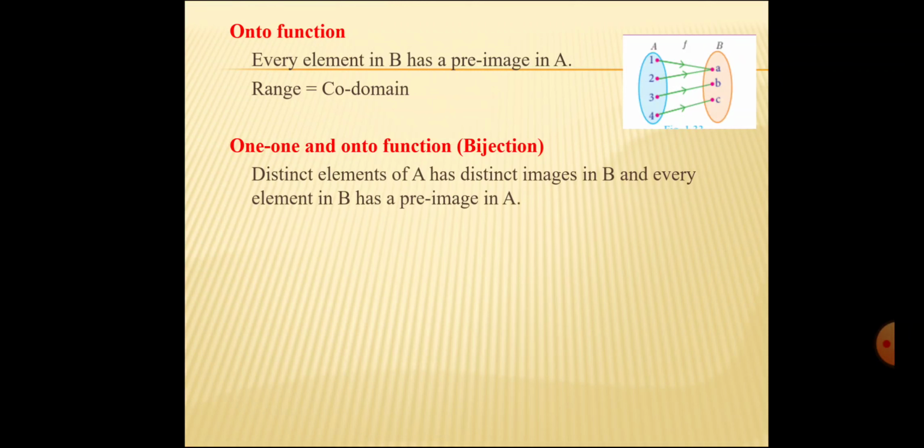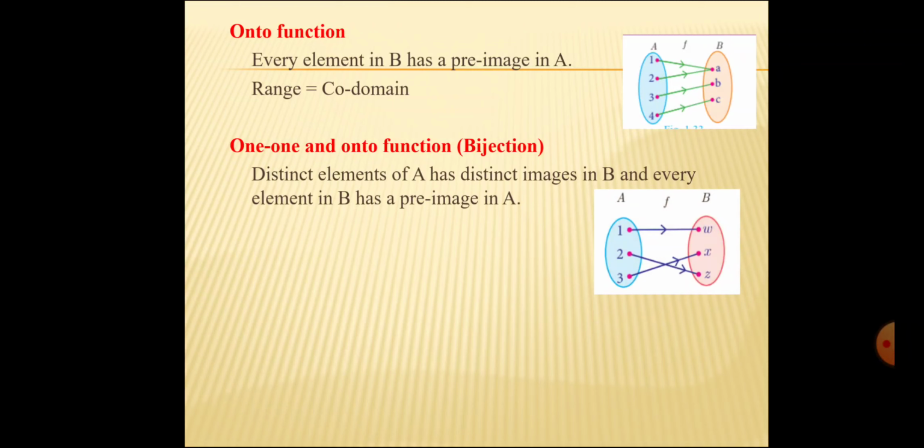So here, see the diagram. It is a bijective function. How to find out? The set A has 3 elements, that is 1, 2, 3. The set B has 3 elements, that is W, X, Z. First we check one-one function.